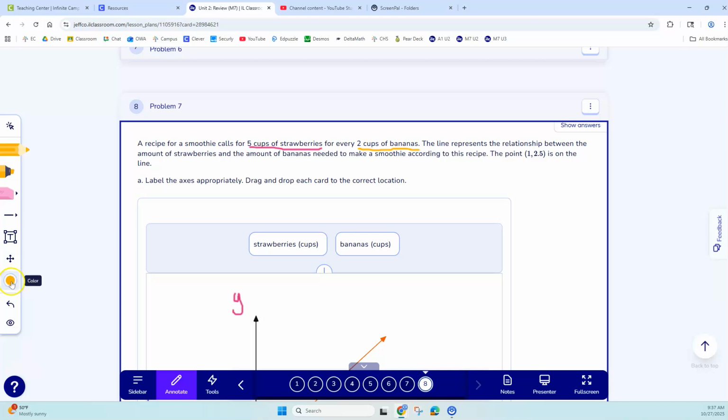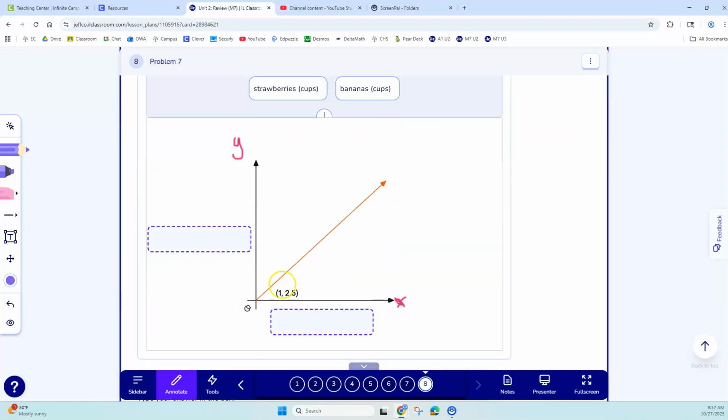I find that helpful because then we can come down here to the point that they have given us. Okay, (1, 2.5). Remember the first number is the X and the second number is the Y. So if this represents strawberries and bananas, 1 is smaller than 2.5.